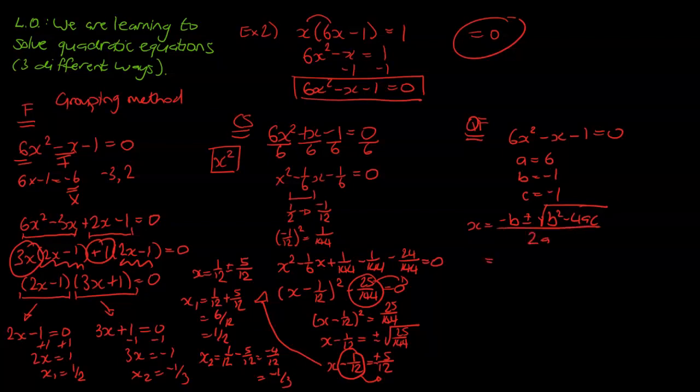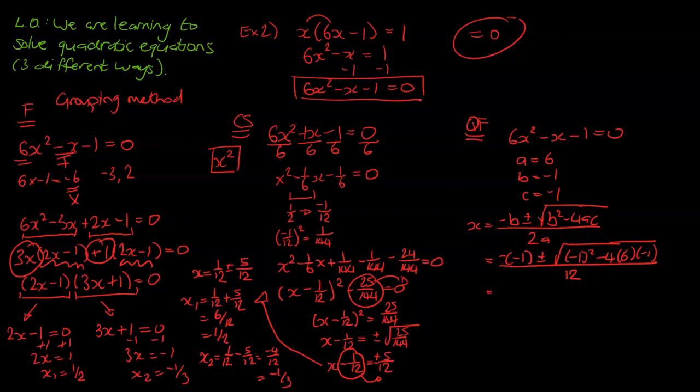So negative b is negative 1. And we're going to go plus or minus the square root of negative 1 squared. We're going to go minus 4 times 6 times negative 1. All of that is divided by 12. We're then going to start simplifying.